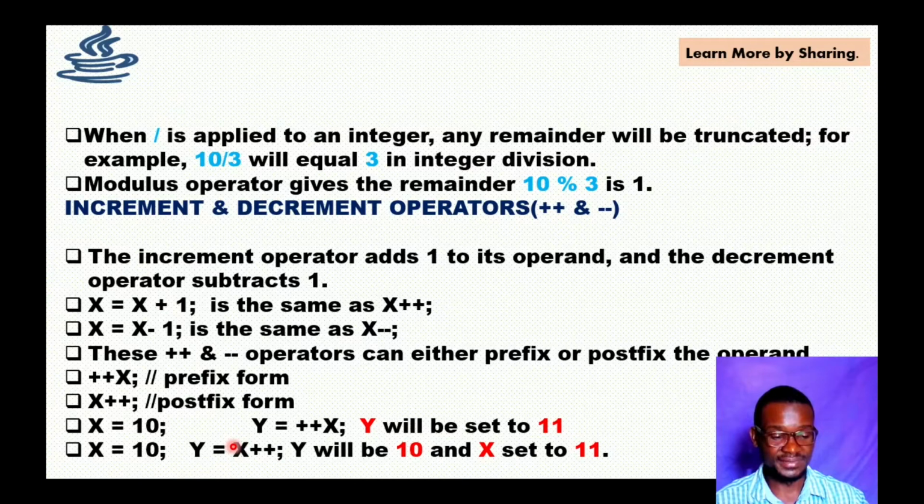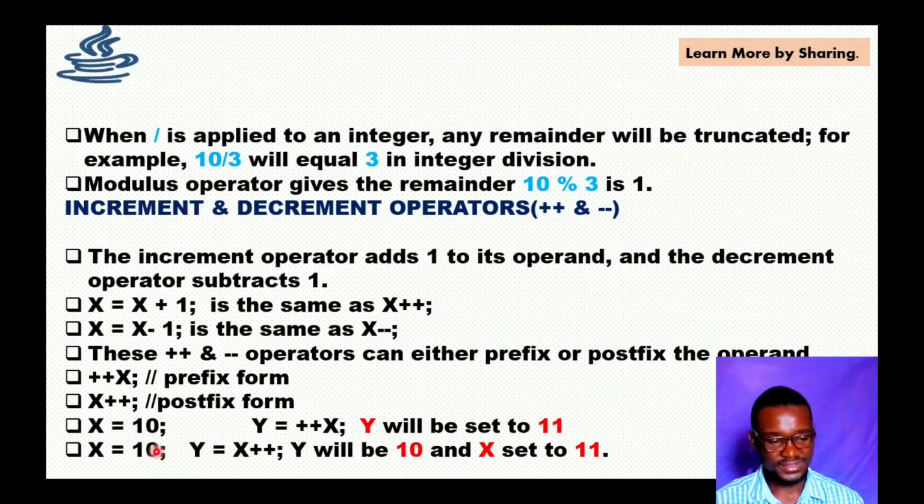So y will be 10. This means the increment was done after y was given the value 10. So y is given 10 and then followed by the increment, so y will be 10, and the x here will be set to 11.